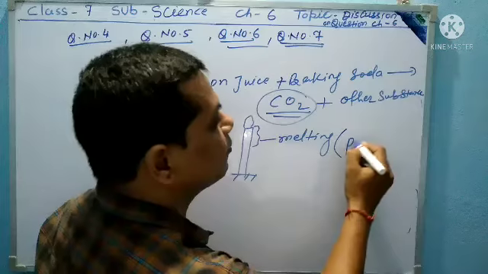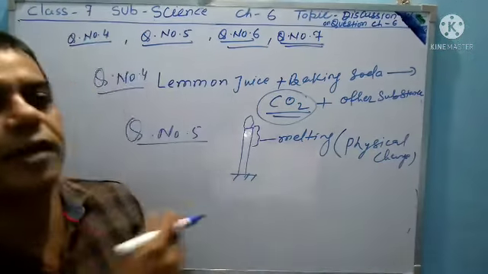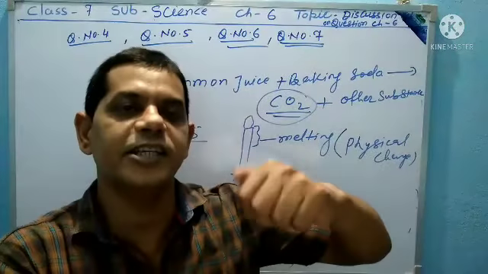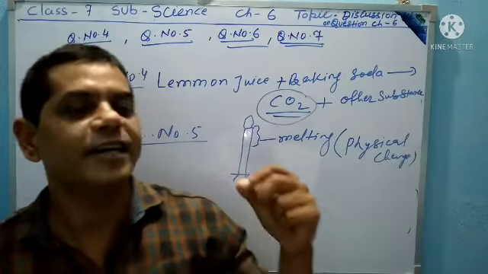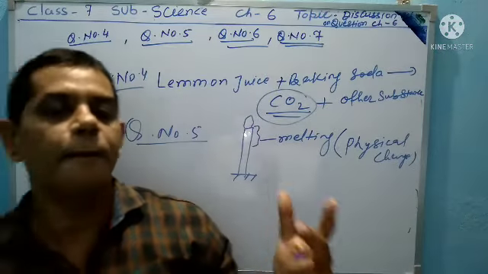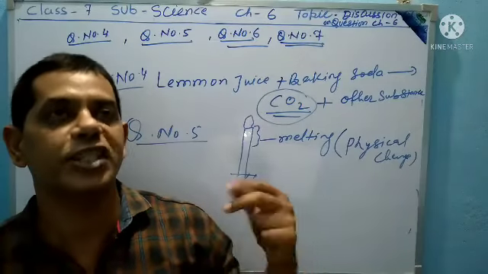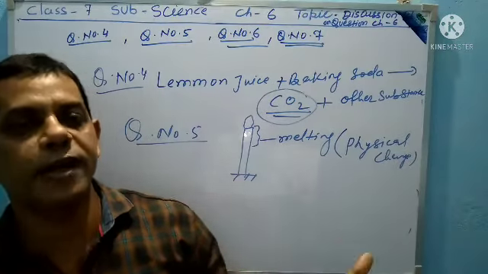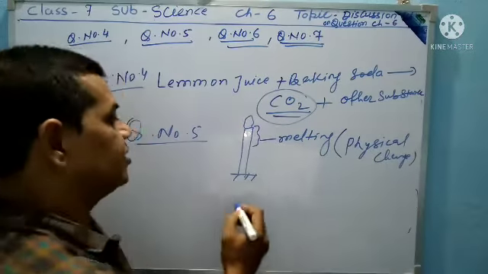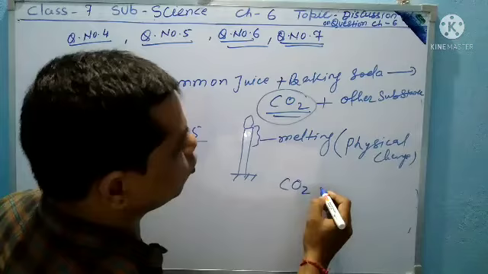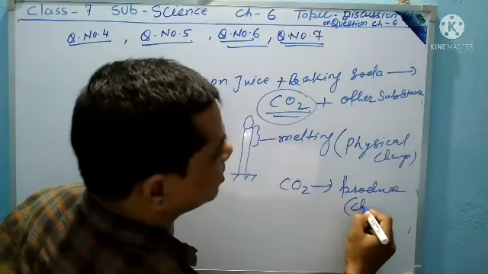That is the physical change in the candle, because it burns and its size becomes smaller. And the chemical change is the burning of gas, with CO2 produced when the gas burns. When the flame burns, CO2 is produced, and that is the chemical change.